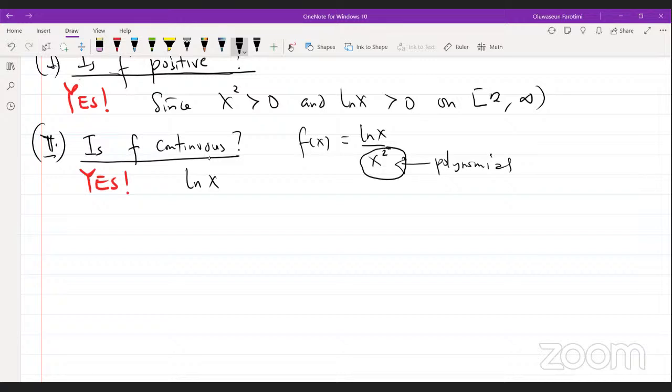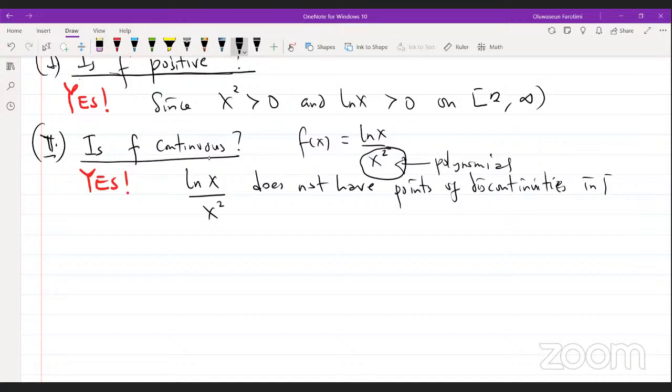So how do I discuss this? ln of x divided by x squared does not have points of discontinuity in this interval. It's a way to think about it.